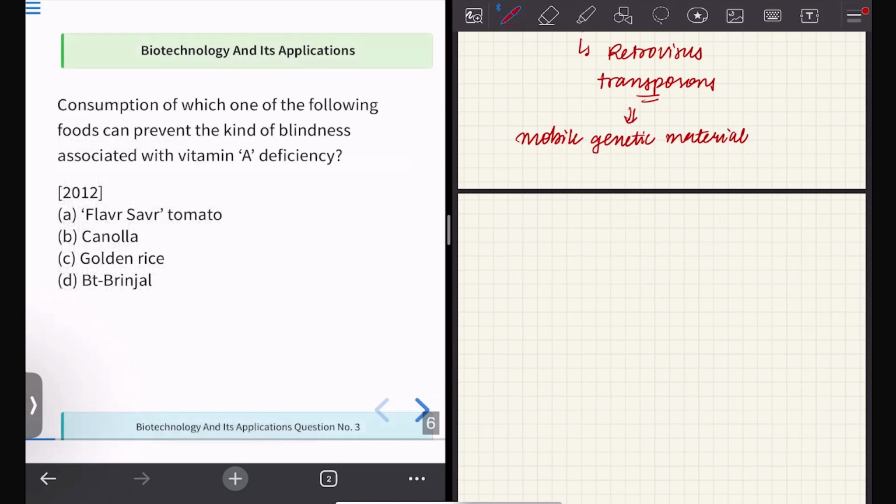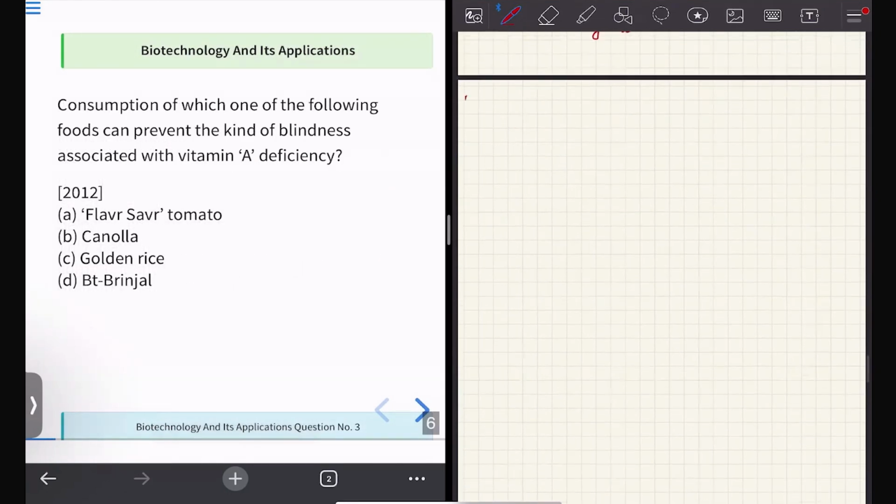Moving on to the next one, we have question number three. Consumption of which of the following foods can prevent the kind of blindness which is associated with vitamin A deficiency? So, nowadays there are new types of cereals and pulses being developed which are enriched with nutrients.